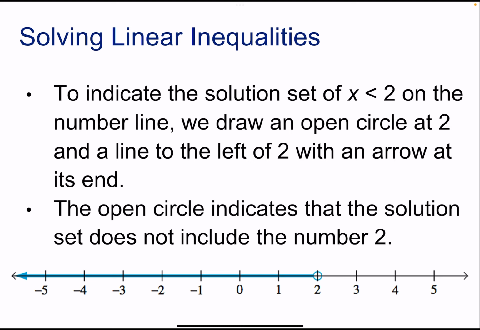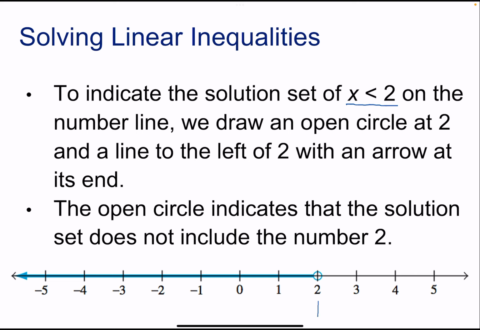Okay, so let's first look at how we represent the solution of an inequality on the real number line. So let's see, here we have x less than 2. Notice 2 is not included in the solution set.